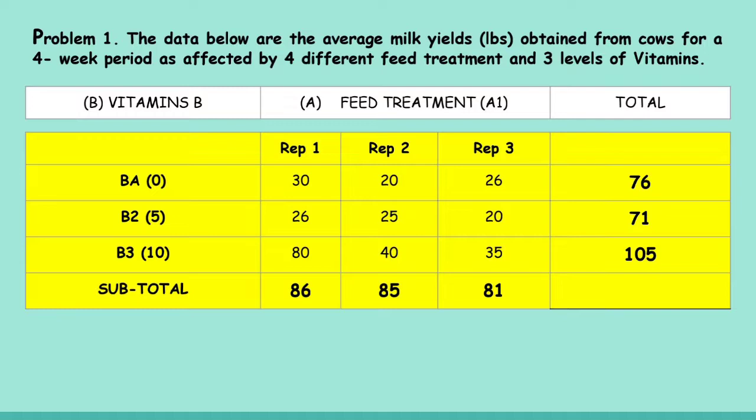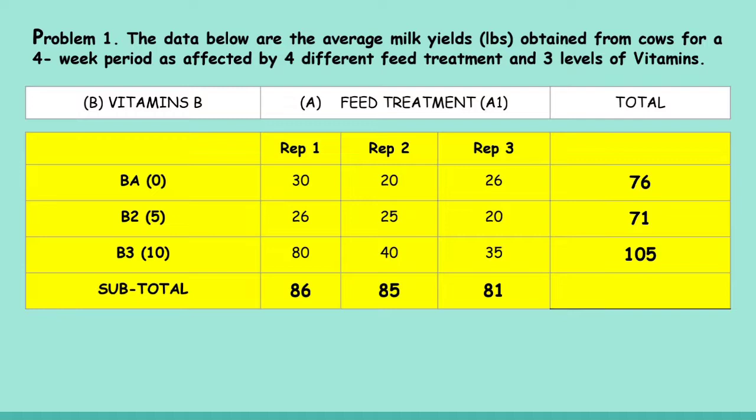So when you add what's inside replication 1, replication 2, replication 3, which is 30 plus 20 plus 26, it is equal to 76. Just repeat the process for B2 and B3. So that is how you are going to compute for the total. The same also for feed treatment A2 up to feed treatment A4.